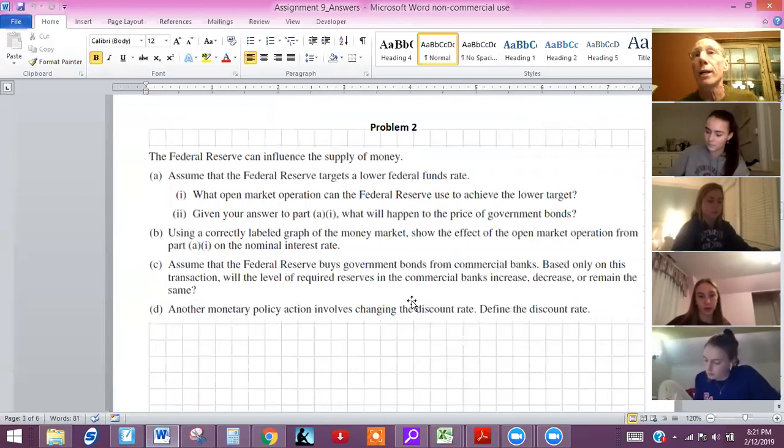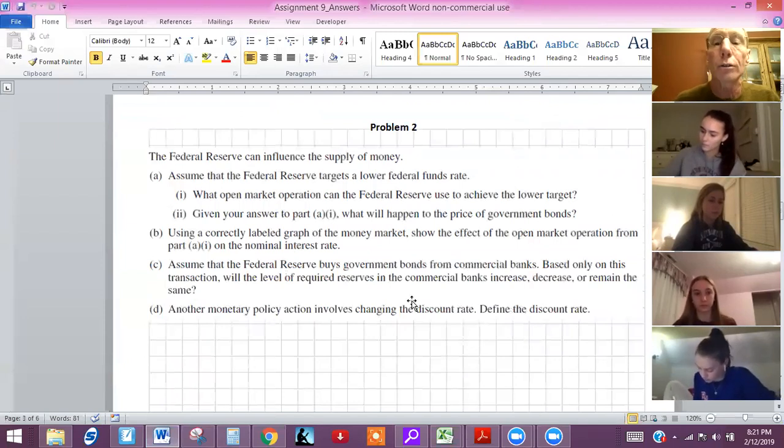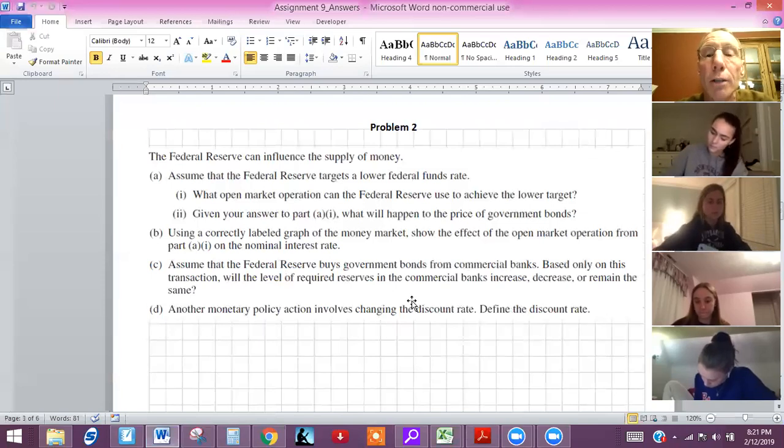That the main way they do it is by buying and selling bonds on the open market, okay? So assume they want to target a lower federal funds rate, so they want the interest rate to drop. What open market operation can the Federal Reserve use to achieve a lower target?